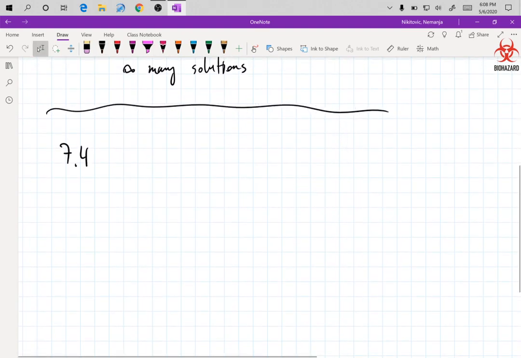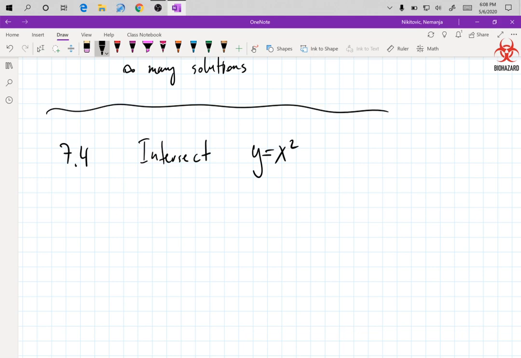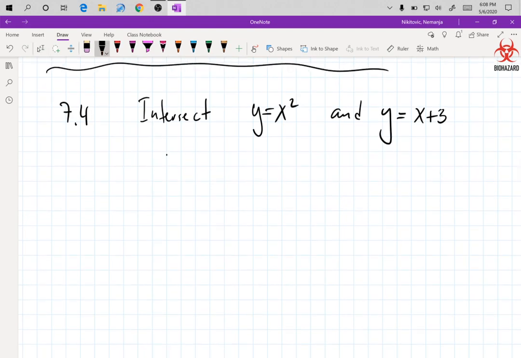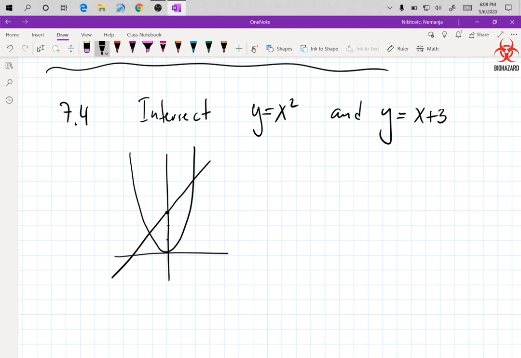Now what's happening in 7.4? In 7.4, you can intersect y equals x squared and, let's say, y equals x plus 3. If you graph that, here's your parabola, and a line at 45 degrees. You'll be sick of these types of problems in Calc 2. You need to know how to solve this.